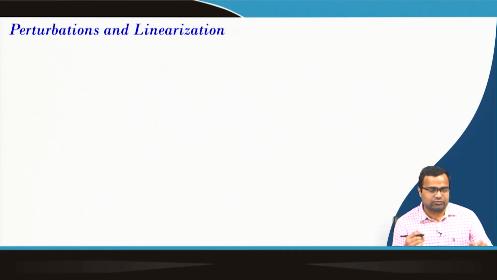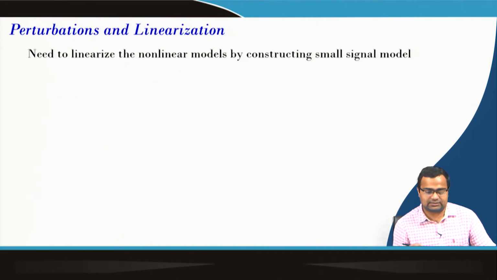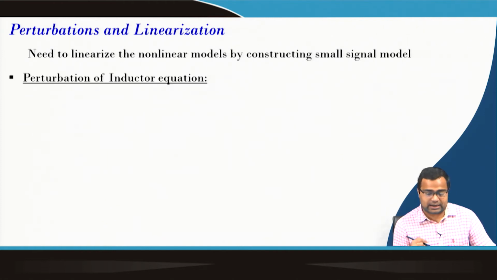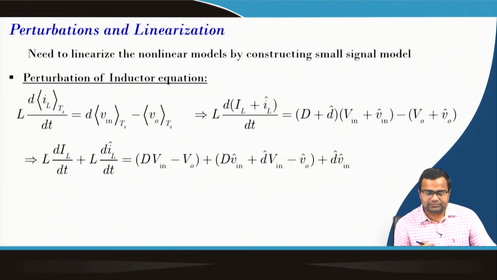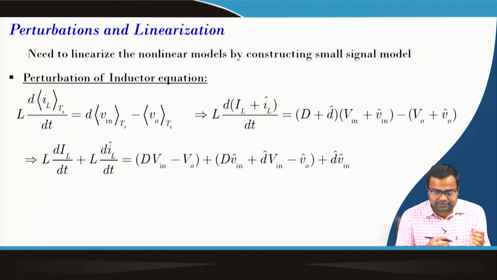Next, we are going to consider perturbation and linearization. We need to obtain the linearized model from its nonlinear characteristics, and in order to do that, let us consider the average inductor current dynamics in a buck converter.